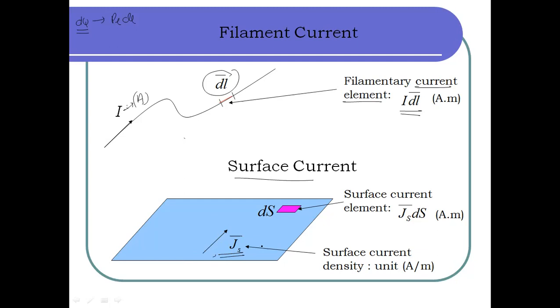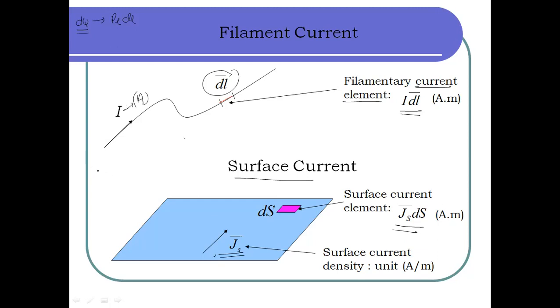We call Js vector the surface current density. For the current element, if we consider a small area on the surface current with magnitude dS, the current element for the surface current is Js vector dS, and the unit is still ampere meter.